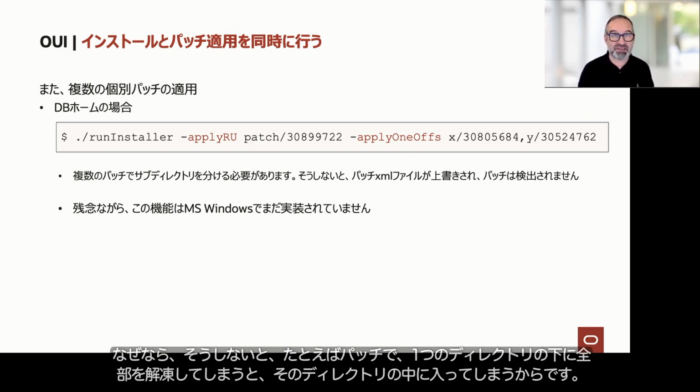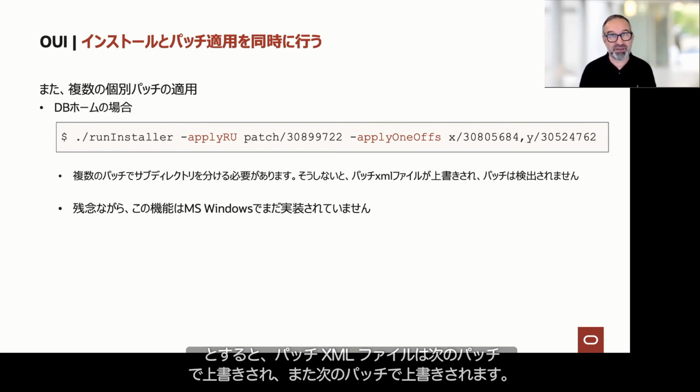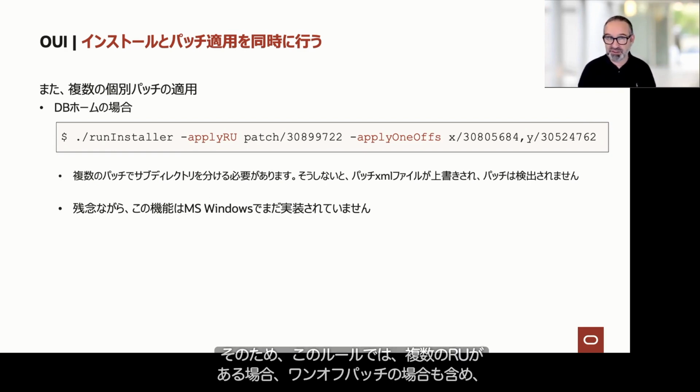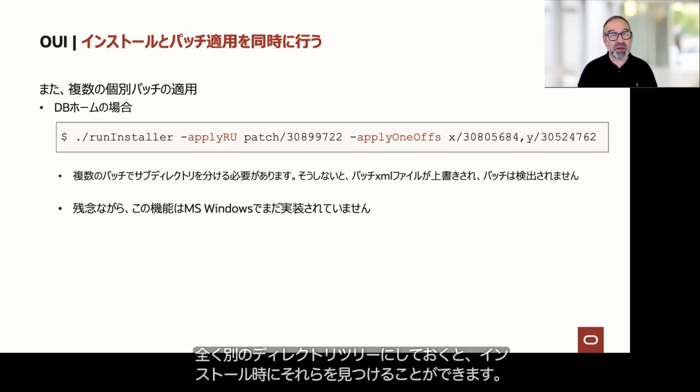Otherwise, if you unzip all of them under one single directory, maybe for instance under patch, then the patch XML file will be overwritten by the next patch and the next patch again, and you can't install it because the installer won't find the different patches you would like to apply. So the rule is: if you have more than one RU, and you have one-offs as well, keep them in totally separate directory trees, and then the installation will find them.